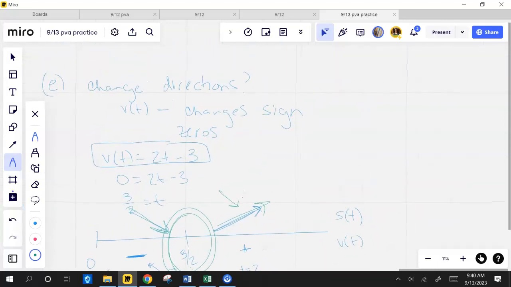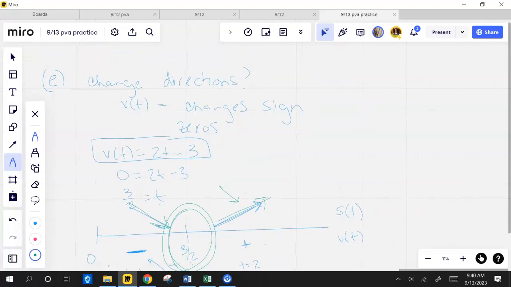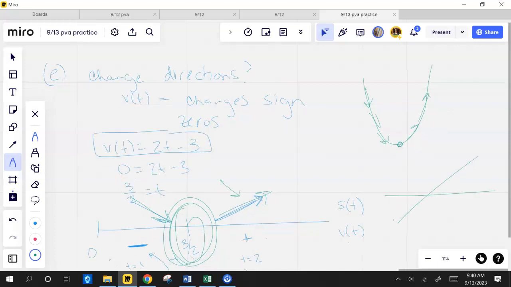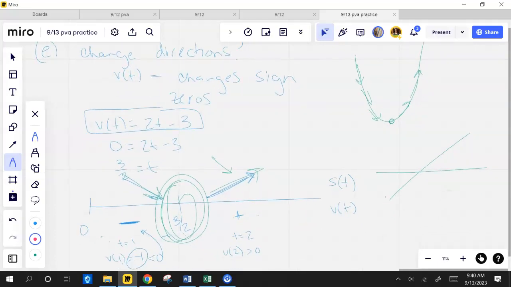So if you think about it, I've got a parabola that opens up. So it makes sense. He moves down, down, down. This would be the point. The velocity graph would look like that. What this is telling you is velocity is negative. This is 3 halves. Is velocity negative here?